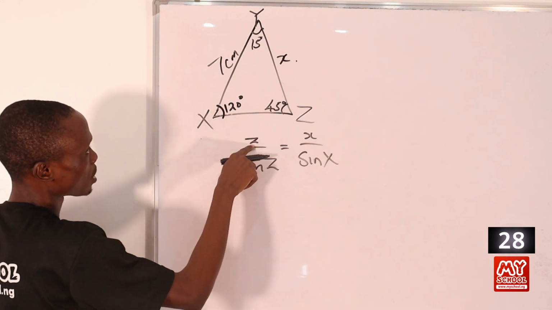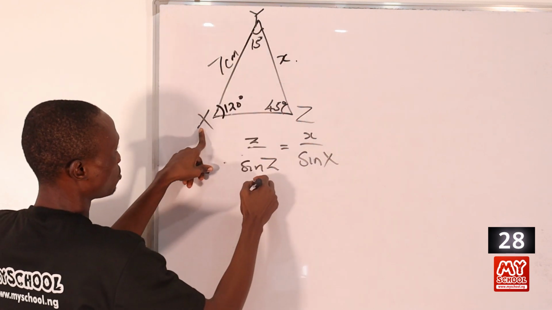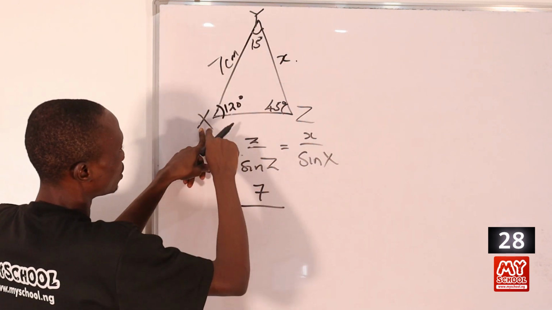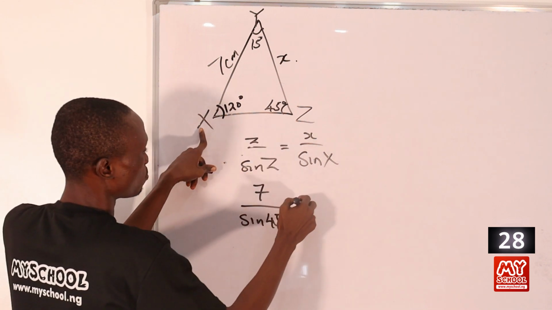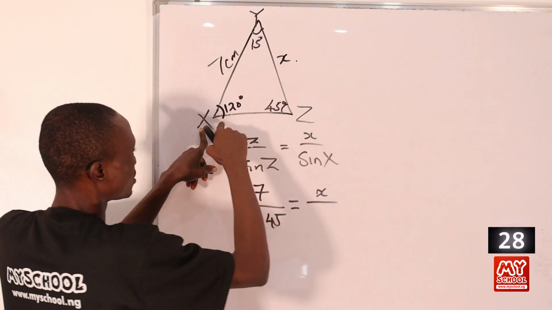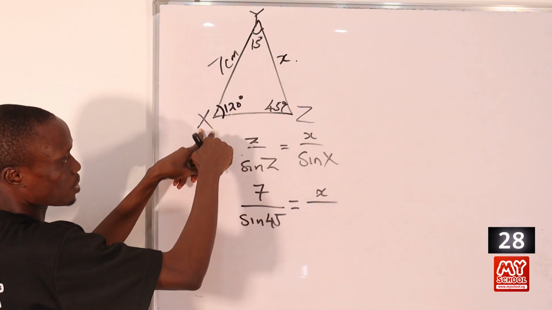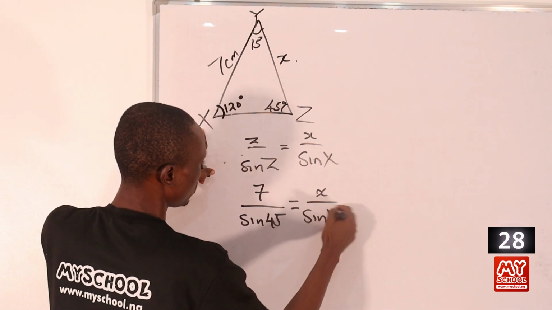So here we know that our z is the side XY, so that will be equals to 7 all over, then angle z is equals to 45, so here will be sine 45, and that will be equals to our x we don't know, so we'll leave it there. Then sine x is the angle of x, and that is 120, so here we'll be having sine 120.